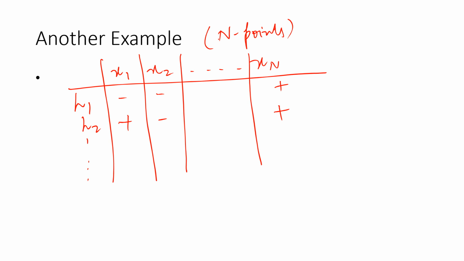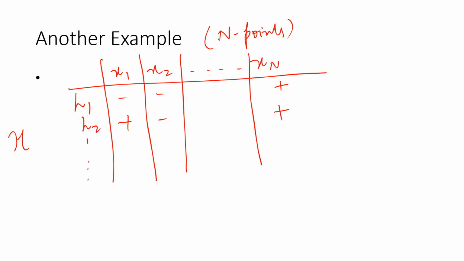I don't know how many hypotheses there are, but they're definitely a part of this large H, which represents the larger set from which we are deriving all our hypotheses, right? We can say that, just like we did with 3 points, we will have only 2 to the n unique rows in this table.